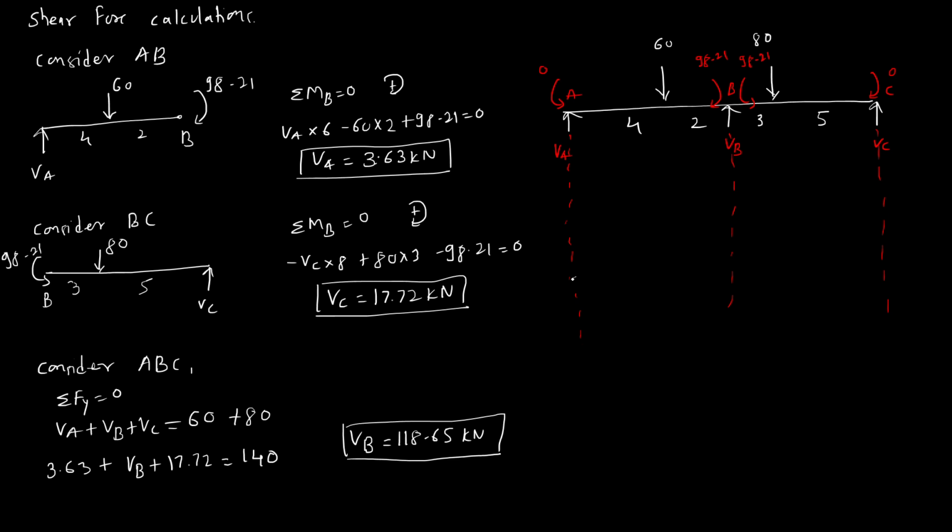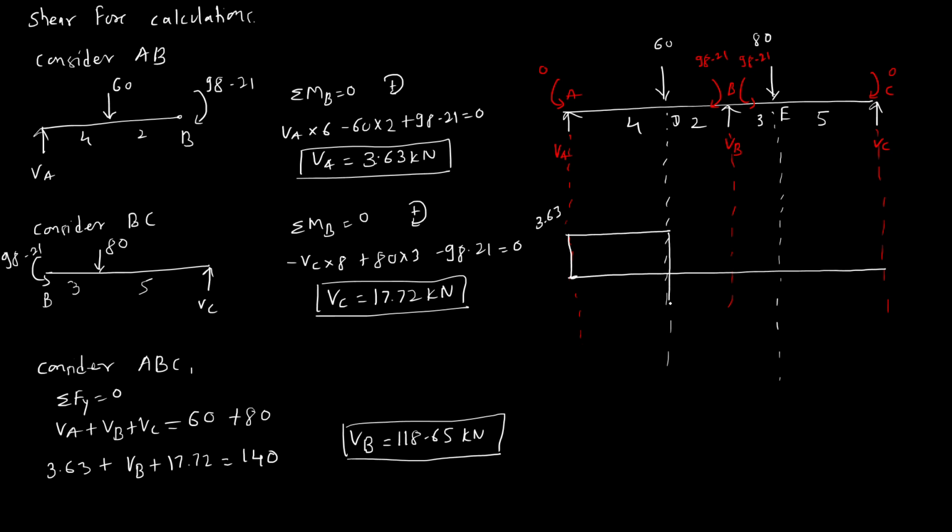Now we'll start drawing the shear force diagram. This is the zero line. This is the location of the point load. So from this point, what is the value of VA? 3.63. So 3.63. Now constant up to this point, A, B, C, this is D and E. So constant up to D. Now 3.63 minus 60 will give us minus 56.37.